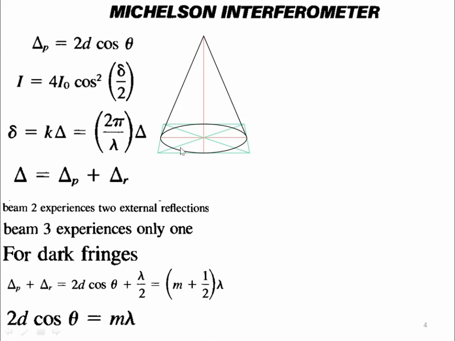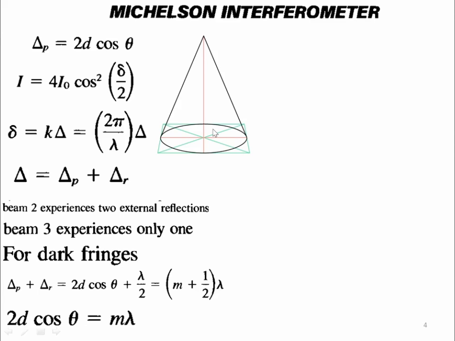So suppose this is our observation plane where we want to observe the interference effects, and of course somewhere here on the observation plane we will be having the image of our source. So light which is coming at an angle theta will be a dark fringe if it satisfies this equation.